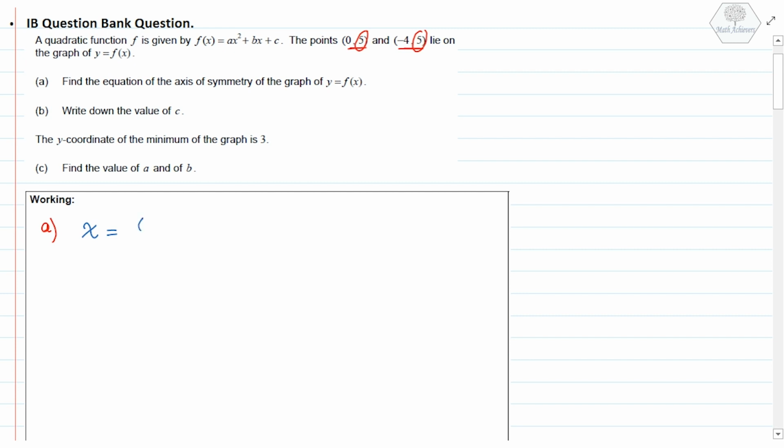So it would be (0 minus 4) over 2. So the equation of the axis of symmetry is x equal to minus 2. This is the equation of the axis of symmetry.